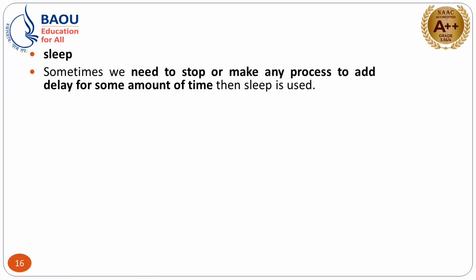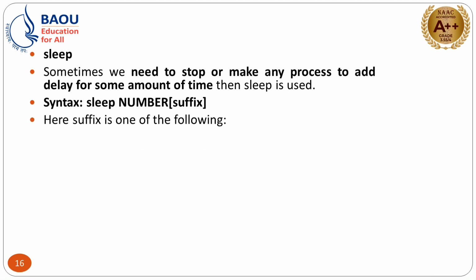Then the next command, you can see, is the sleep command. If you want to interrupt, stop or delay any process, in that case you can use the sleep command. So what is the difference between sleep and wait? Mind well, wait waits for some specific event to occur, while with sleep you are mentioning a particular time that will be completed, and after that another command or job will start.